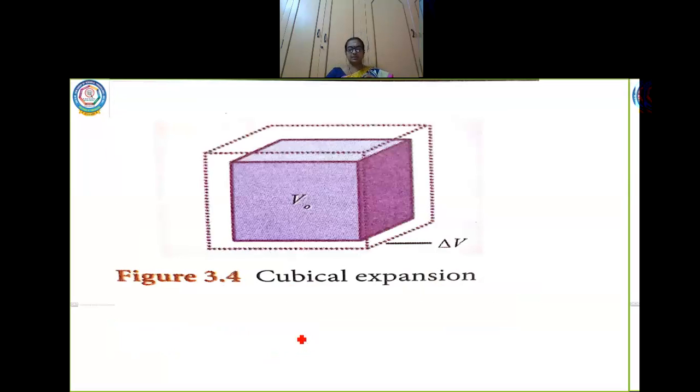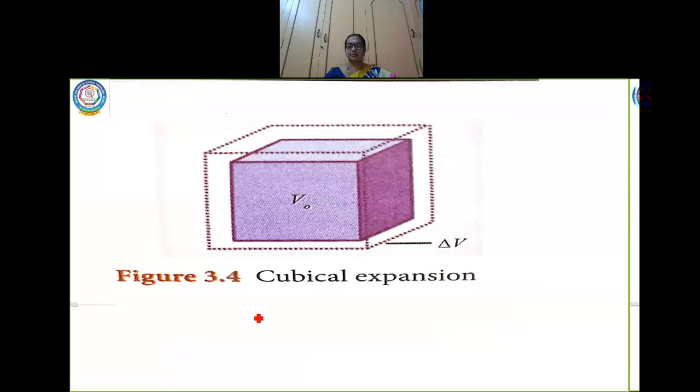Look at this diagram, cubical expansion. Now here, this is a cube. When you heat this object, the dotted lines represent the increased volume of the cube. So when the temperature of this body is increased, the volume of the cube increases. This is the change in the volume that is represented as dotted lines. So change in volume to the original volume is nothing but cubical expansion.